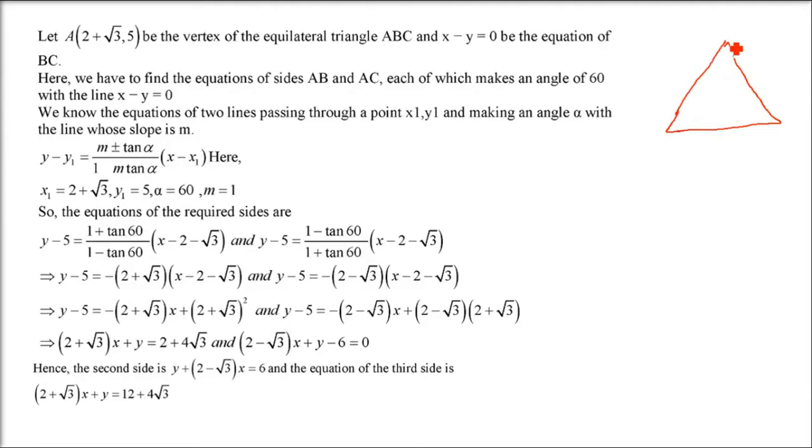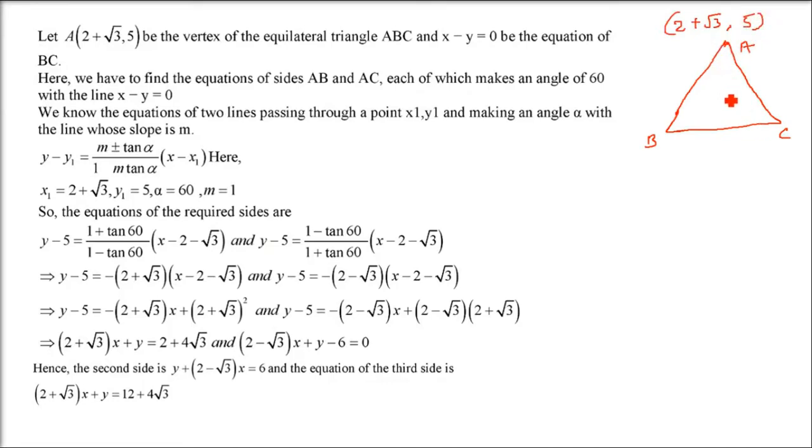So what we will do here, let us assume that this is a triangle. This is a triangle, and we say that this is vertex A, this is B and this is C. So A is (2 plus root 3, 5).